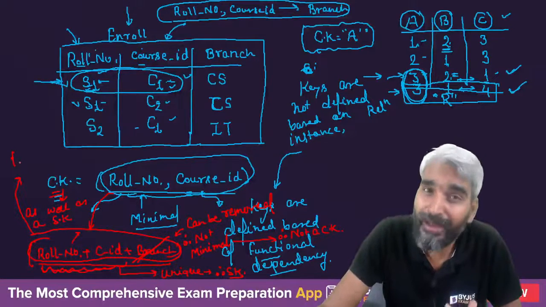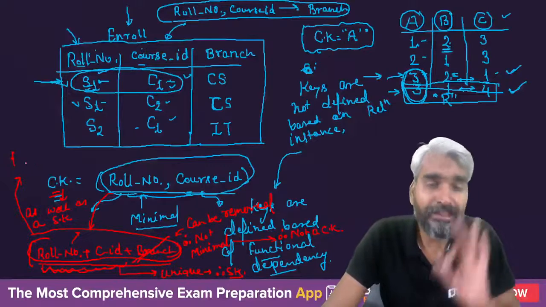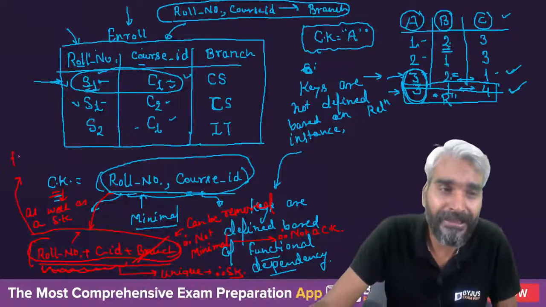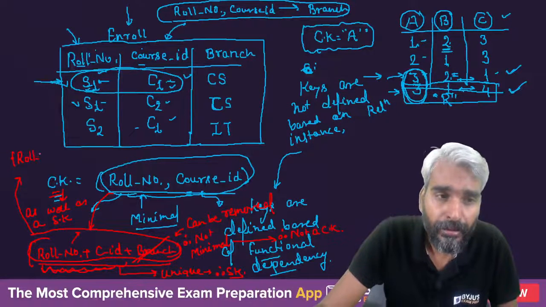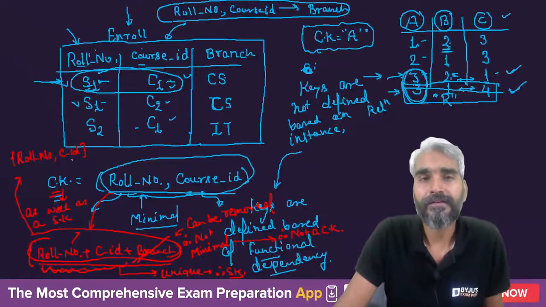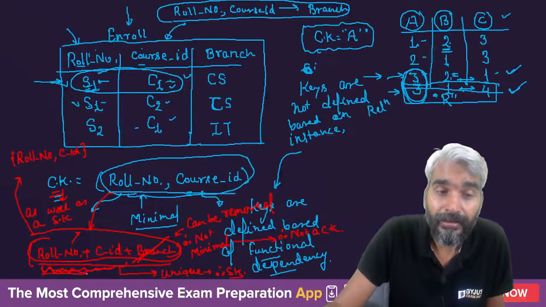At least one of those 8 subsets will be a candidate key. So in this case, the subset roll number, course ID becomes a candidate key. Got the idea? So what will be there in the super key?